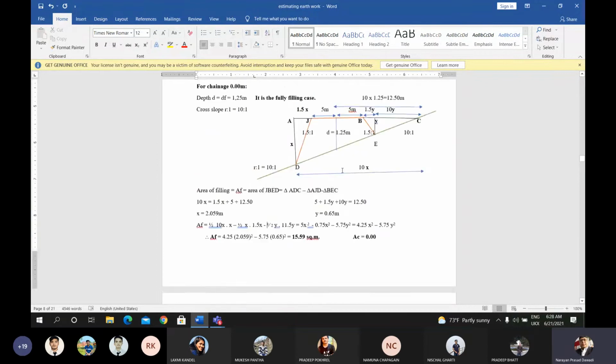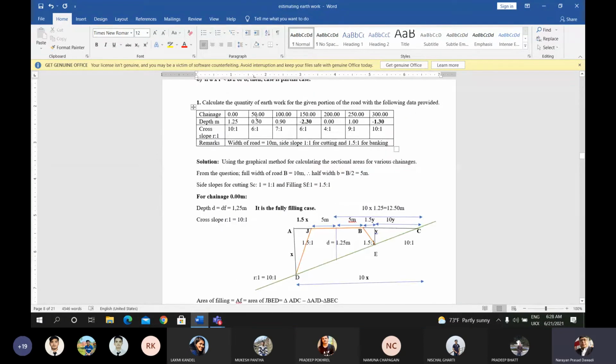So for the chainage of 50 meter, I have done the same procedure for calculating the area of the section. This chainage is the partial case, because the depth and the cross slope after multiplying the value is less than the half width of the road.